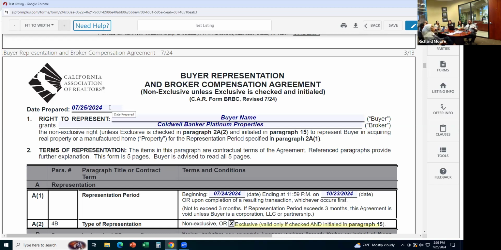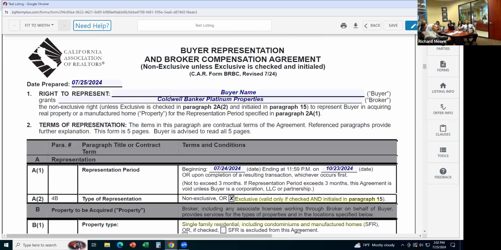It's the date you're preparing it, so today's date, and also a reference date to any other forms that reference this form. So if I'm including an addendum, it's an addendum to the Buyer Representation and Broker Compensation Agreement dated 7/25/24. So that's what that date is for.